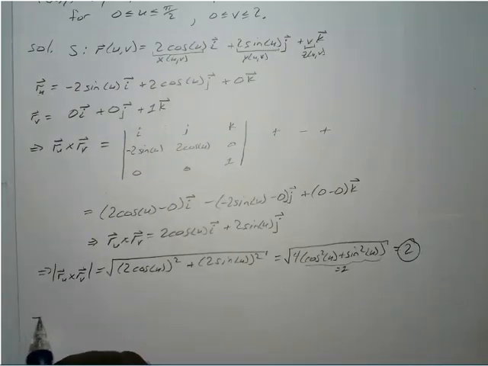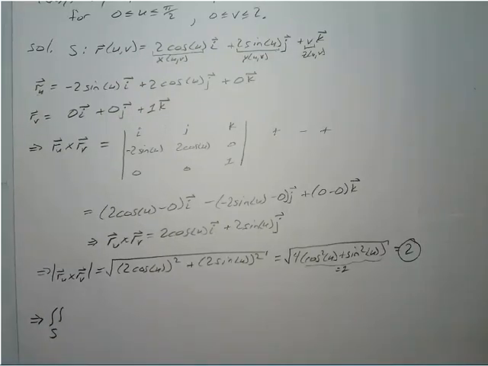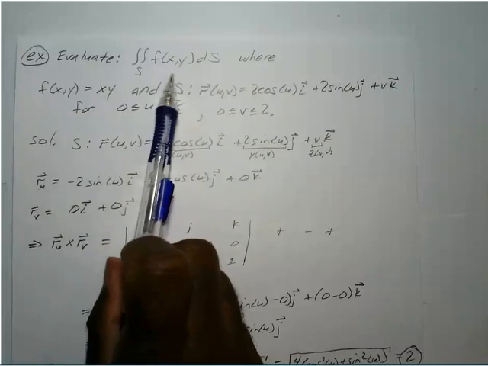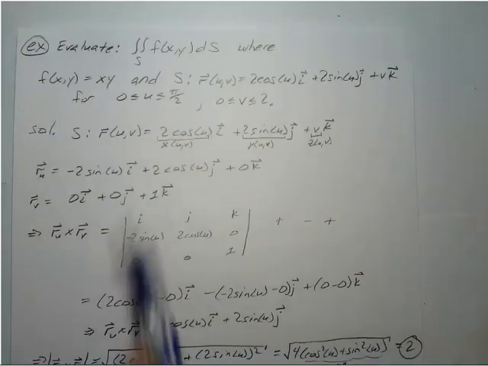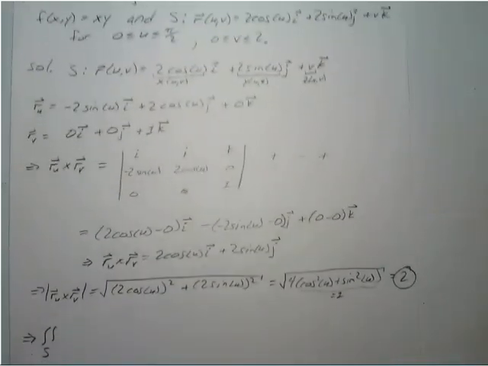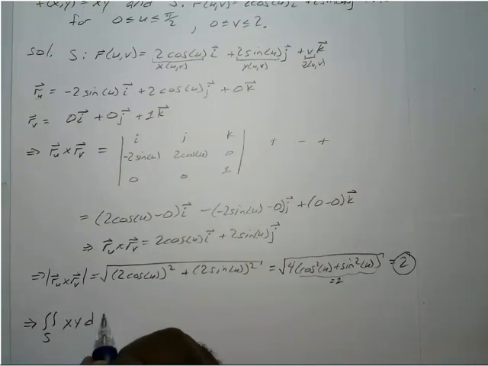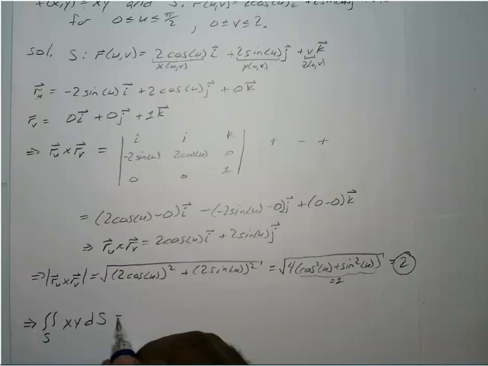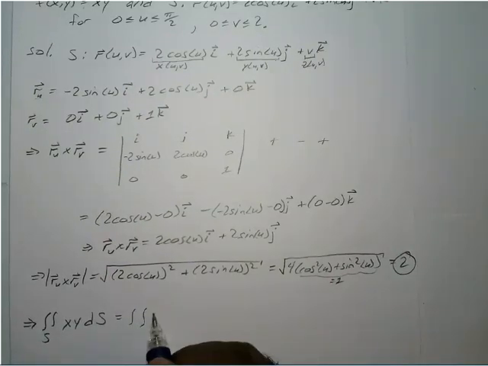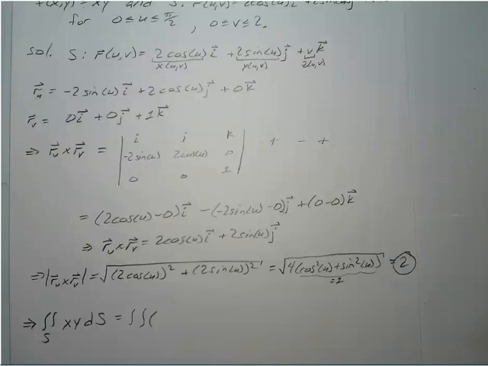Okay, so that means the double integral over the surface, your f of xy, remember that's just x times y. So we're just going to go ahead and plug that in. So you have xy with respect to s is equal to the double integral of your, remember, f of x of uv, y of uv.